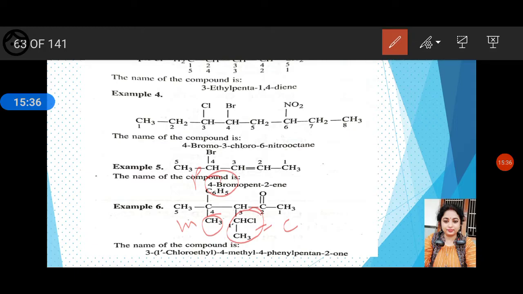So 3, it is on the third carbon. 3, 1 dash to represent that this is on the 1 carbon: 1 dash chloroethyl. 4 methyl. 4, at the same carbon only, phenyl. 4 phenyl. Pentane. 2 one. So this will be the IUPAC name of this structure.